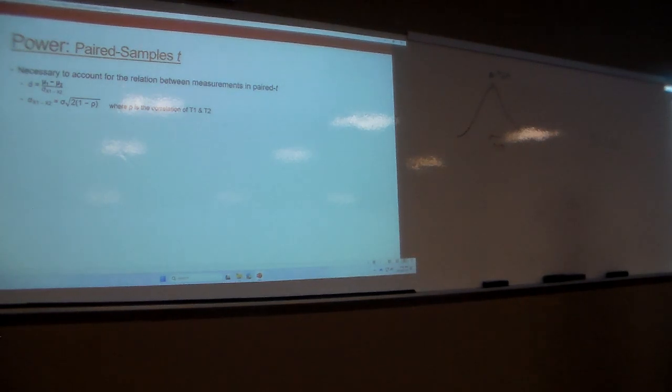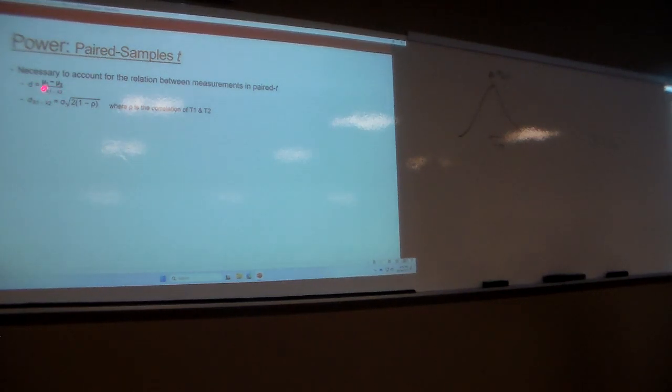But here, what we're going to do is take my effect size specifically for power. We're going to calculate that as the difference in my mean at time 1 and time 2.